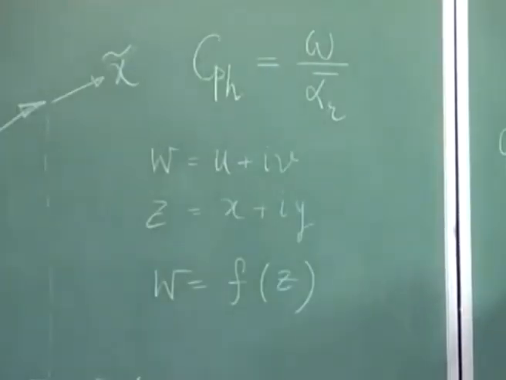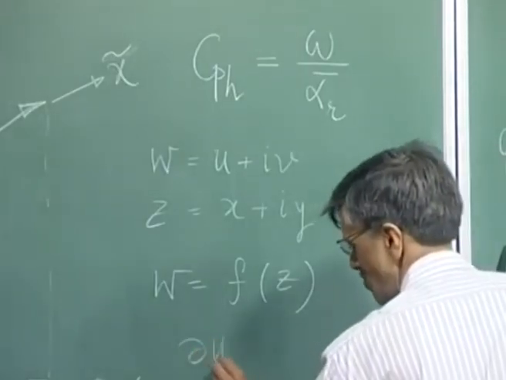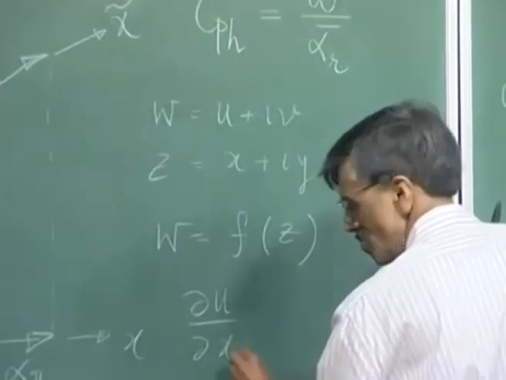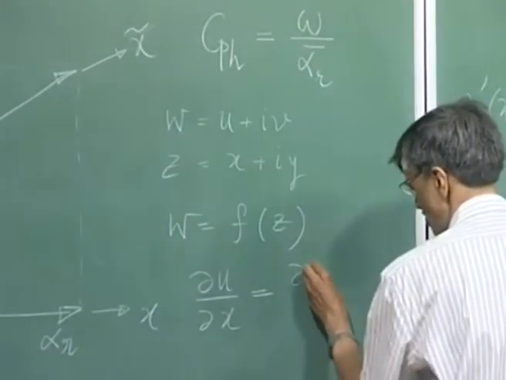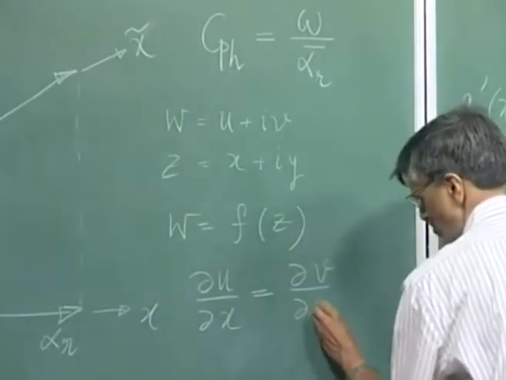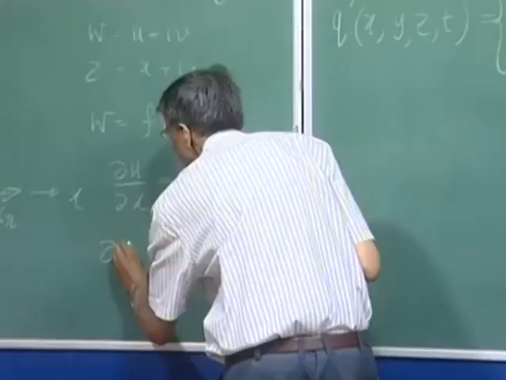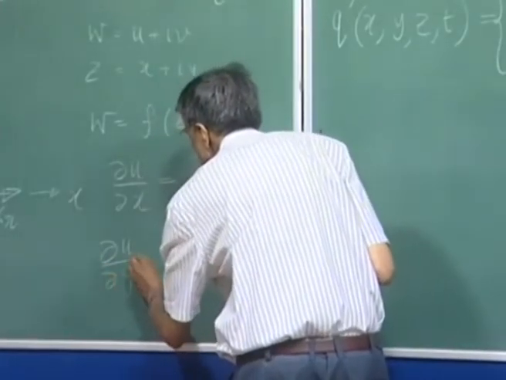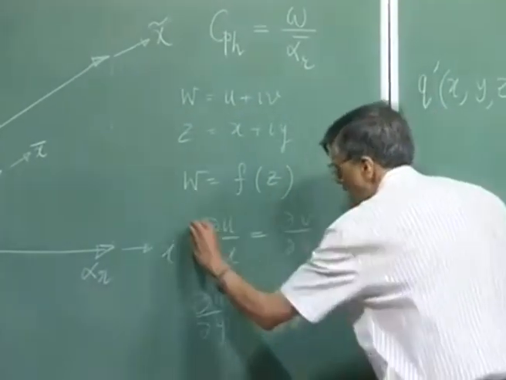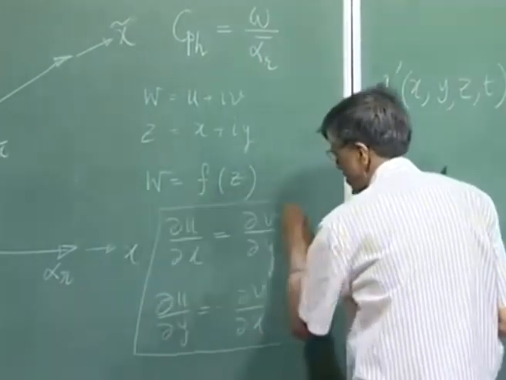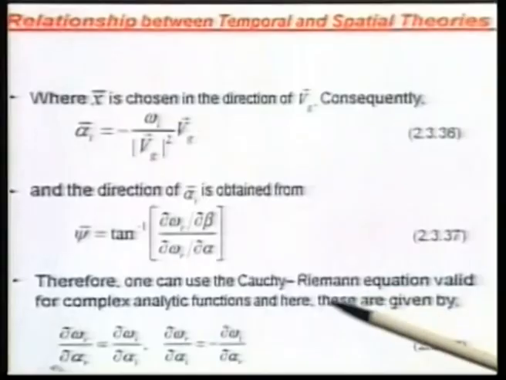This is how we get the Cauchy-Riemann relation, and that is precisely what we have written here.